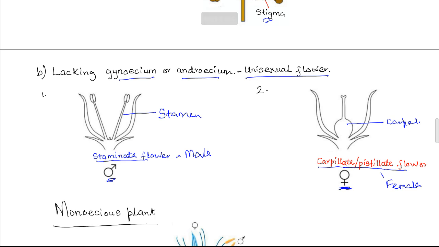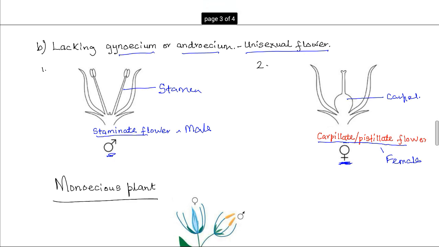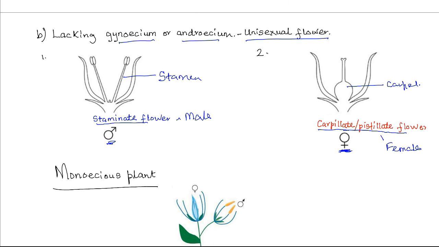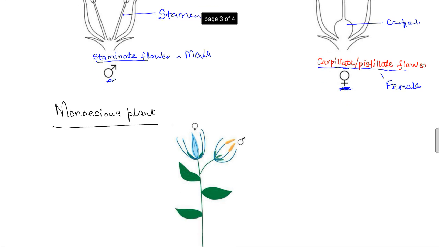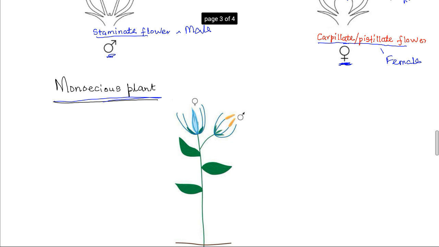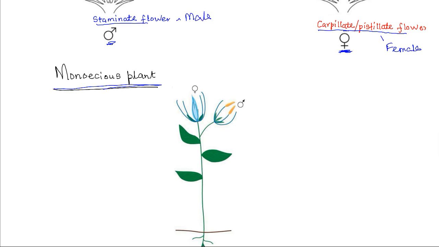Now, there are 2 types of plants that have unisexual flowers. Most plants have hermaphroditic flowers, but those that have unisexual flowers come in 2 forms. The first one is a monoecious plant. In monoecious plants, there are distinct male and female flowers, but they both occur on the same plant.